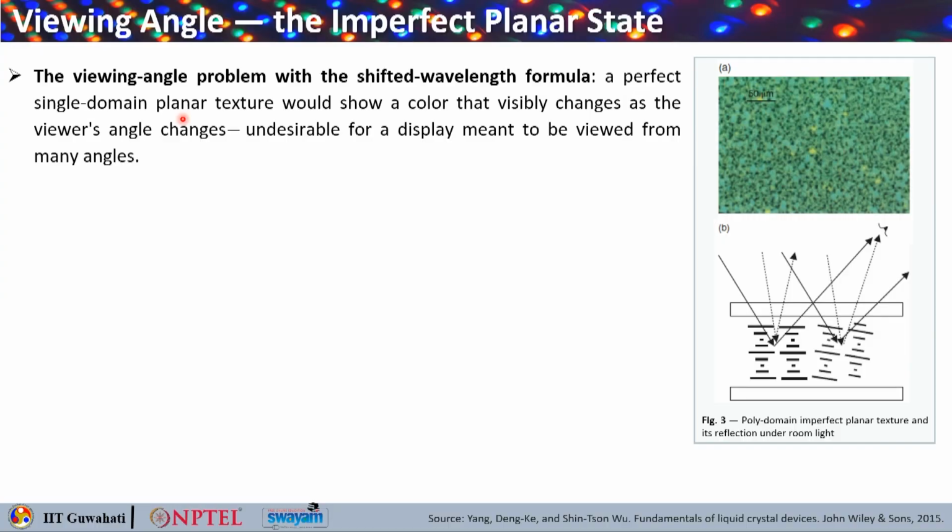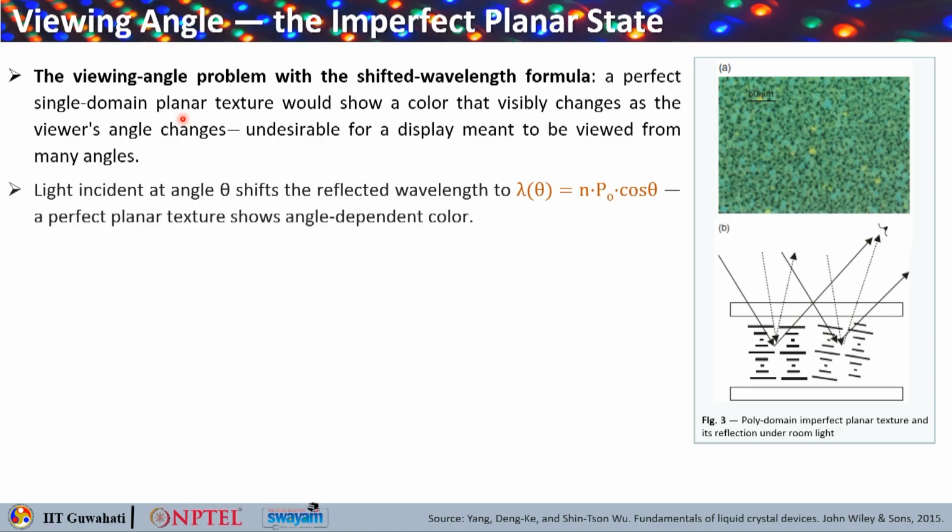Now let us discuss the viewing angle. The viewing angle problem we will see with the shifted wavelength formula. A perfect single domain planar texture would show a color that visibly changes as the viewer's angle changes. This is undesirable for any display that is meant to be viewed from many angles.